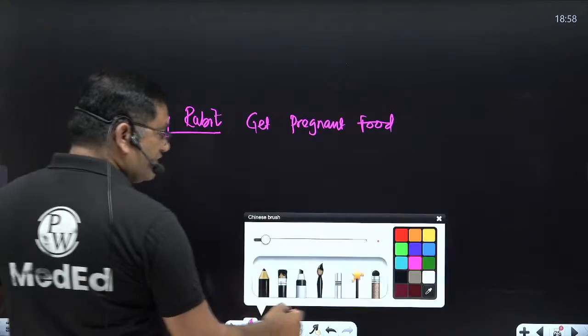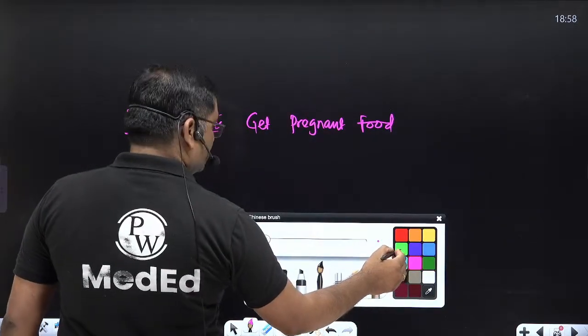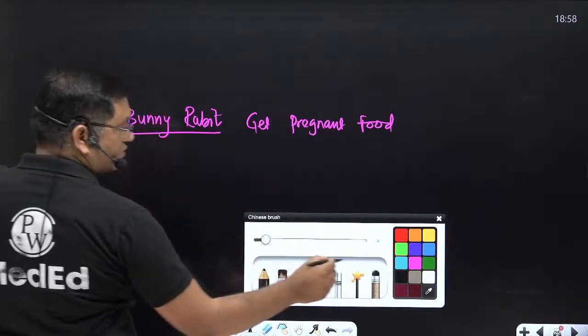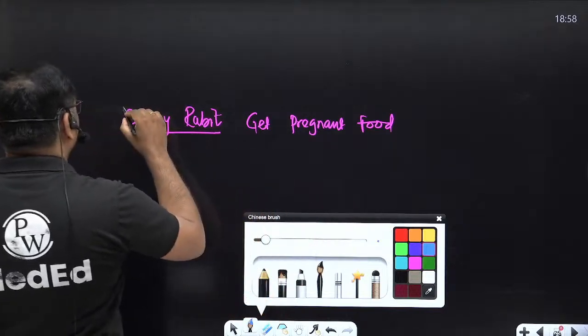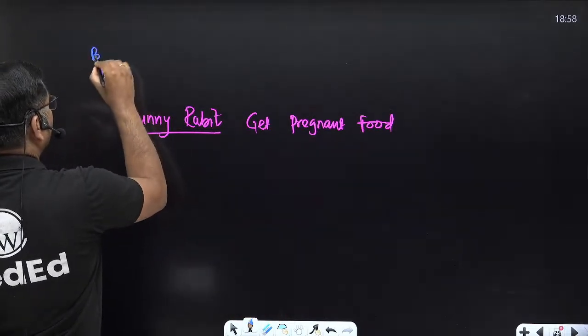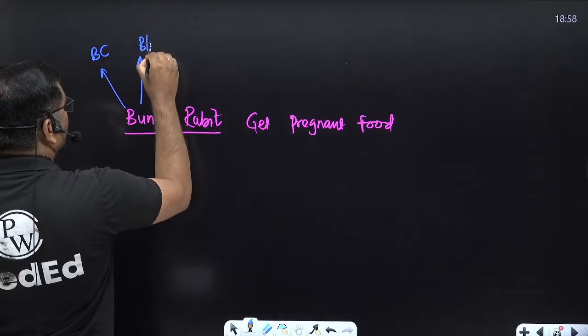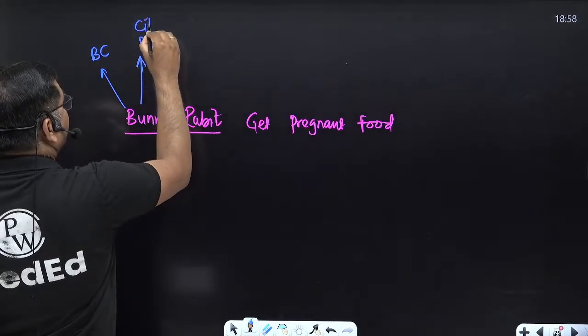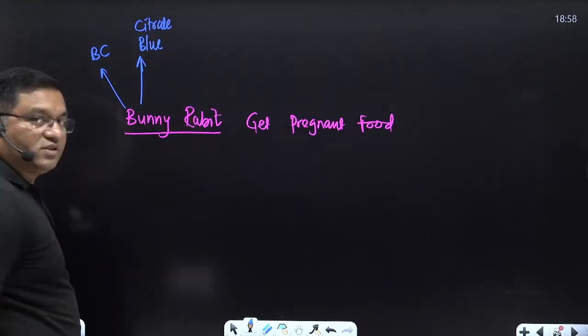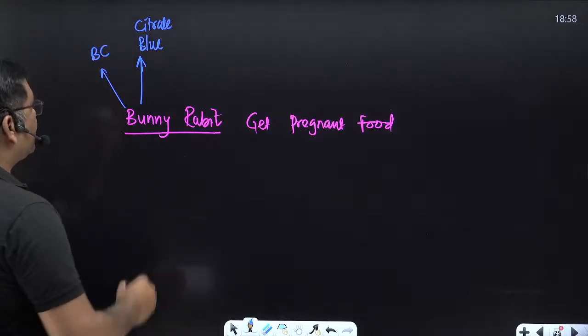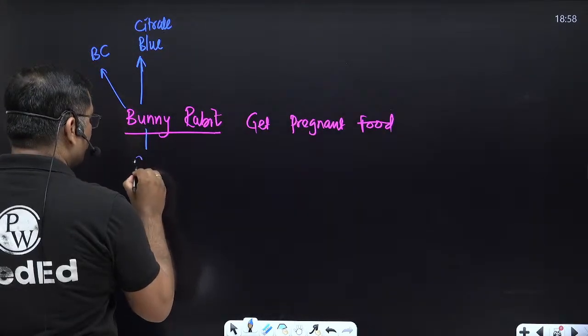So this is the sequence. Now see, this is the blood culture tube. Blue citrate for the coagulation profile.